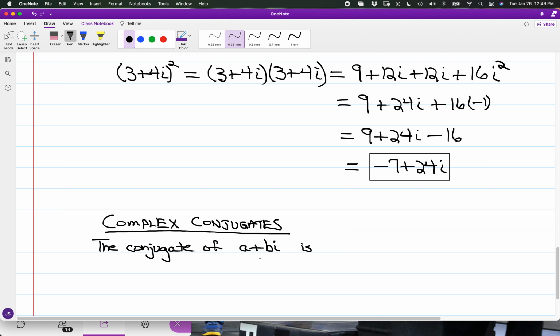So the conjugate of a plus bi is going to be a minus bi. You still have a and bi terms, where bi is added in one term and subtracted in the other.